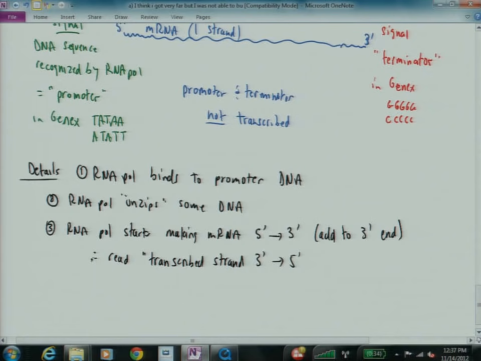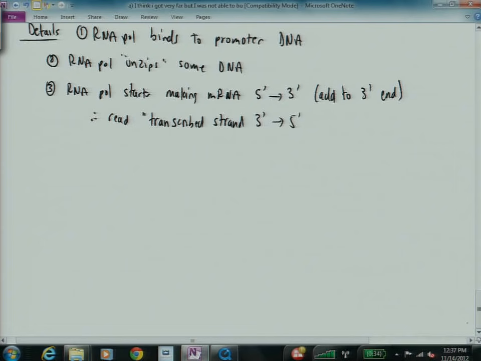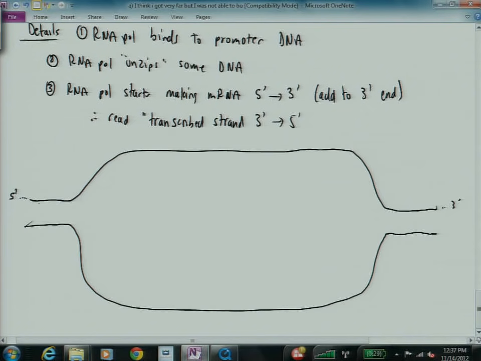So let me draw a big picture of this. So here, 5' end of your chromosome, dot, dot, dot. I'm going to draw what's called a transcription bubble. To 3' end, big fat transcription bubble. Base pairs here, 3' and 5'.